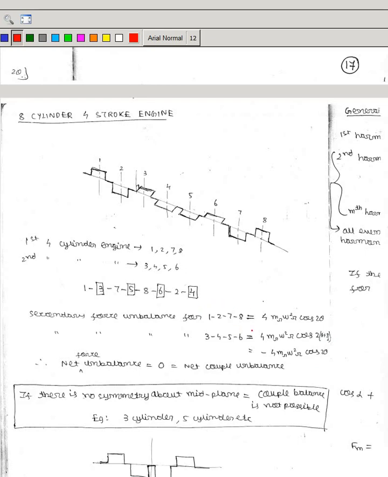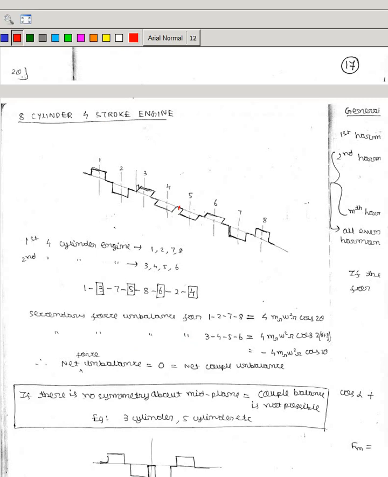That means the secondary force for the outer 4-cylinder engine and the secondary force for the inner 4-cylinder engine, both are acting at the middle, they cancel out. So there is no net unbalance, so no couple unbalance, no force unbalance, both for primary and secondary for a 8-cylinder 4-stroke engine.